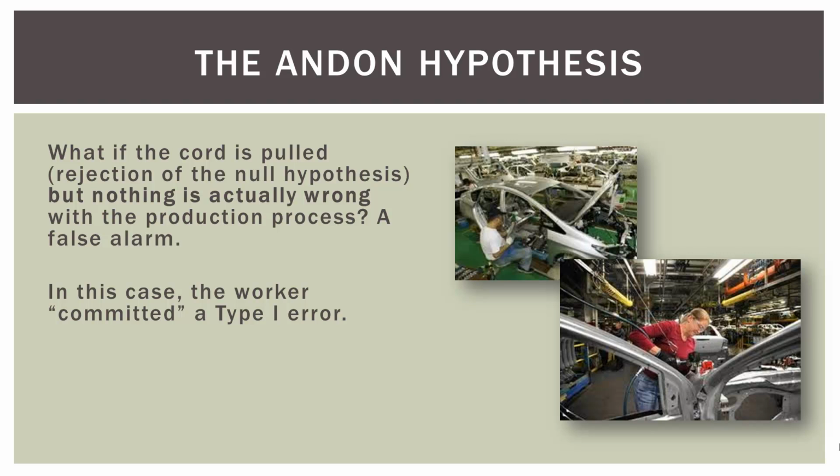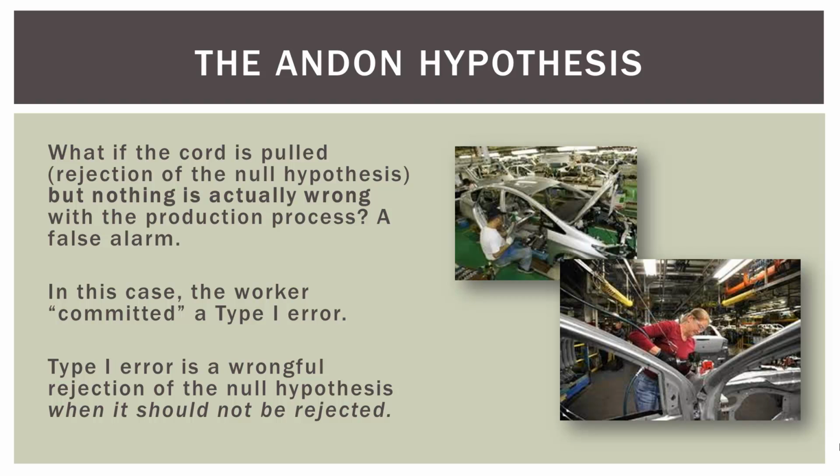They rejected the null hypothesis that everything was okay incorrectly. So type 1 error, again, is a wrongful rejection of the null hypothesis when it should not be rejected. Now, something about this. In the Toyota production system and in similar lean manufacturing systems, this is actually encouraged.